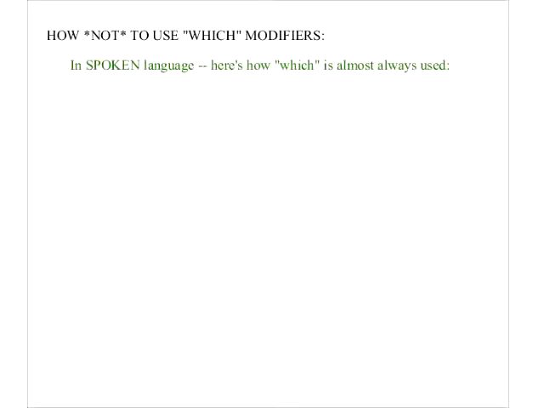If you have something like this, here's how people talk. They would say something like, I haven't done my taxes yet, which means that I'm not going to sleep tonight.